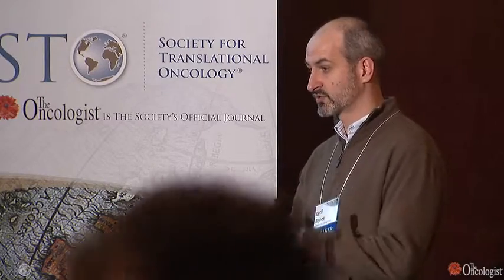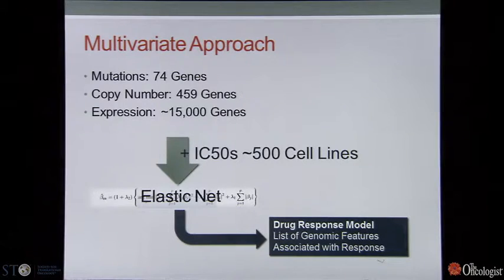So this is an example to tell you that you need to dig a little further and try to harness the complexity of the tumor, the complexity of the genome, to try to explain some of this variation. We've done a variety of things to try that, and one of the things that works best, although it doesn't mean that it works perfectly, is a multivariate approach that takes all the information we had at the time.